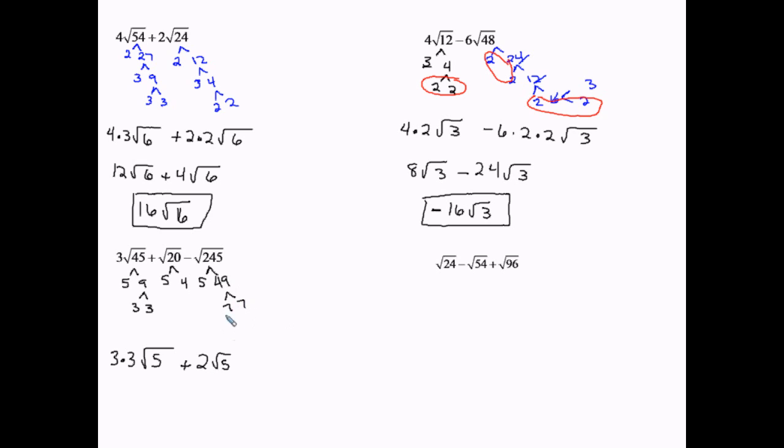Now I would have divided that one by 5 anyway because it ends in a 5, but the fact that these had a 5 left behind gave me the indication that that one would also leave me with a 5. So I get 9 times the square root of 5 plus 2 times the square root of 5. Sorry, wow, that was terrible. 3 times 3 is not 6. 3 times 3 is 9. So 9 plus 2 is 11, minus 7 gives me 4. So my final answer is 4 times the square root of 5.